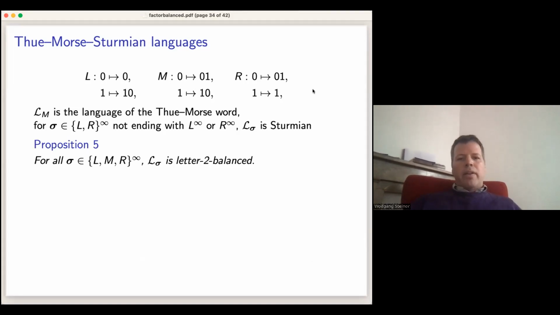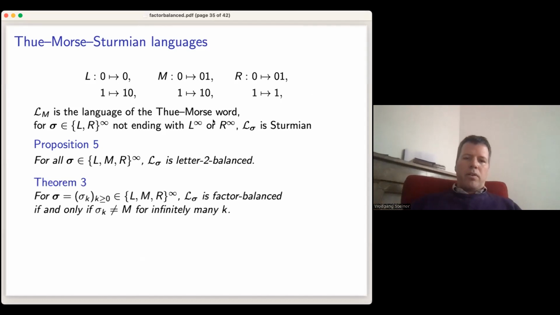Now we know that the 2 Morse word is 2 balanced for letters, and Sturmian words are, of course, 1 balanced. And if we mix them, L, M and R, then we still remain 2 balanced for letters, but of course not for factors, because we already know that the 2 Morse word is not factor balanced.